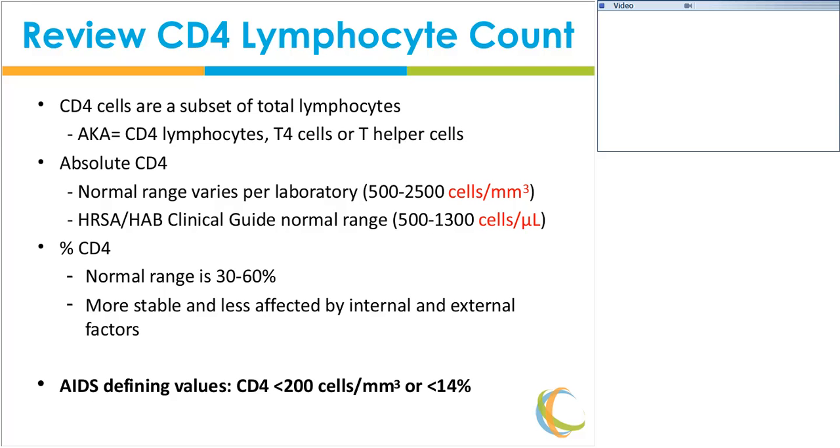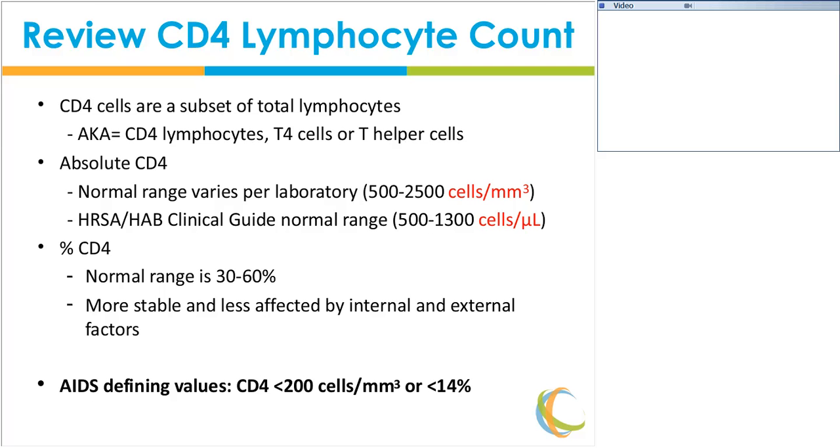So the numbers of your whole immune system vary a lot from day to day, but the percentage of CD4, since the CD4 is primarily and solely affected by the HIV virus, should be more stable.